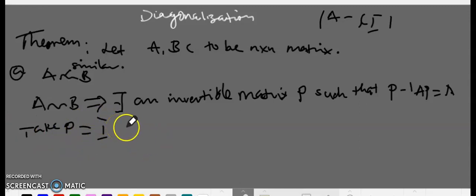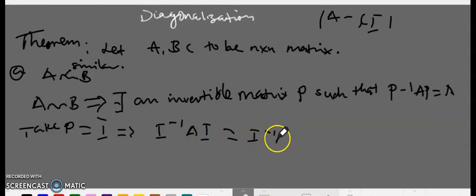If we do that, this will imply that I inverse, because we are replacing P with I. So I inverse of A becomes I inverse of A is equal to IA. And what is IA?